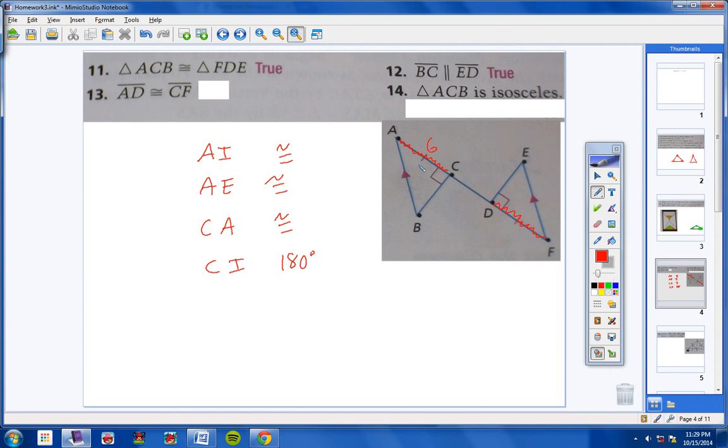Now, if AC has a length of 6, then DF also has a length of what? 6. Now, pick any number for CD that you want. Doesn't matter. You can say 50 if you want. If CD has a length of 50, then the length of AD is 56, and the length of FC is 56. So yes, AD is congruent to CF, definitely.